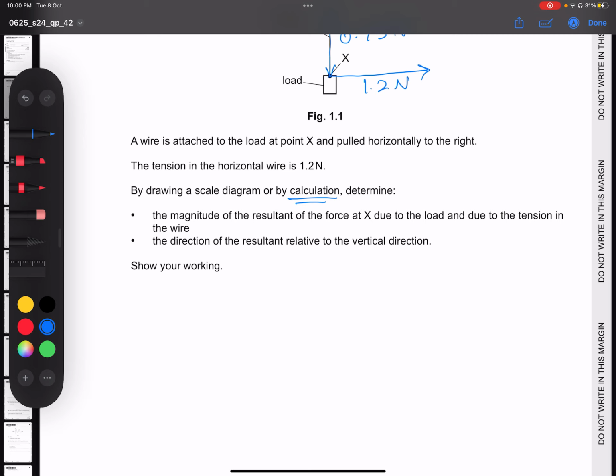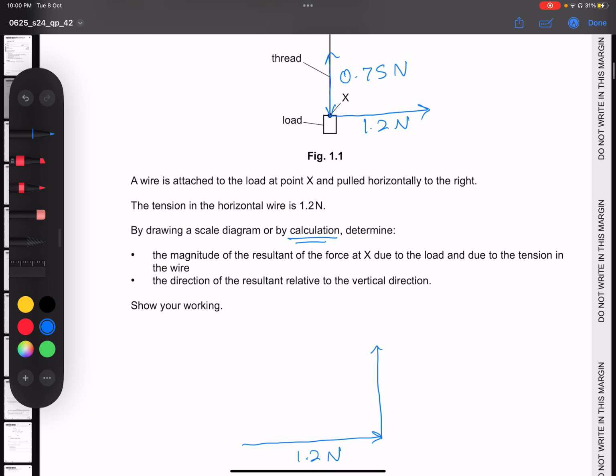So first let's draw the horizontal vector, which is just 1.2 Newton. And remember to always touch the head with the tail of the next vector. So the other vector would just be this, since there's a force of 0.75 Newton.